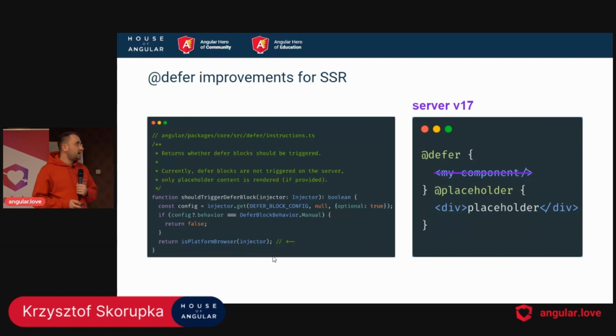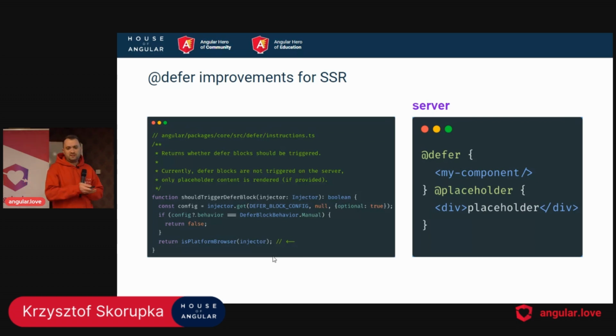Because wouldn't it be nice if in a future version the server also sees this component and can render it basically on the server side, then move the application to the client side, but leave maybe this thing not hydrated, right? Because otherwise you might be wondering why we don't have it right now.